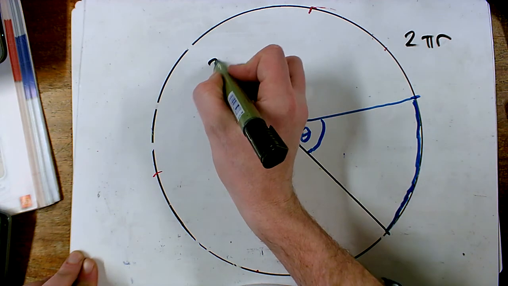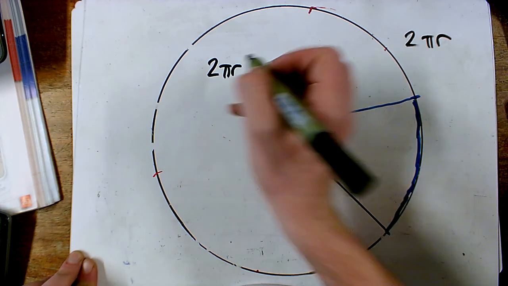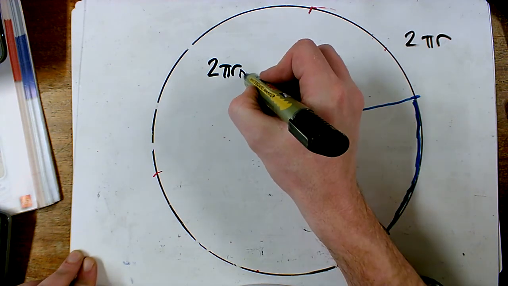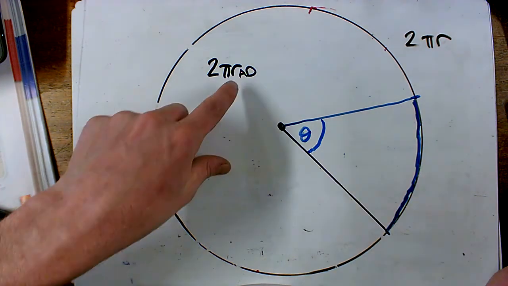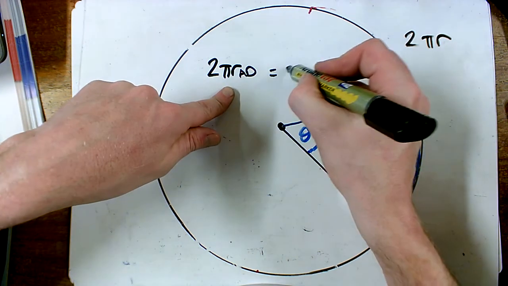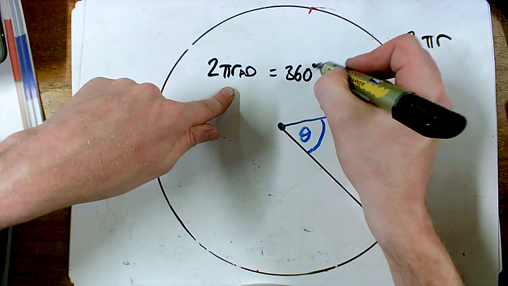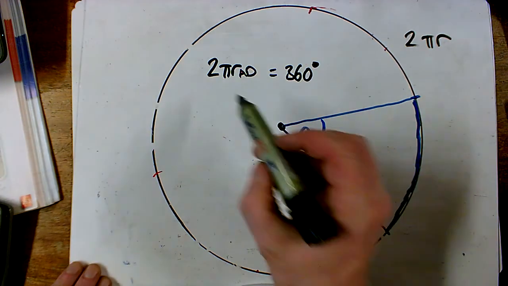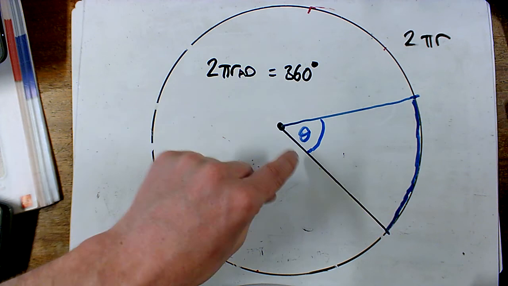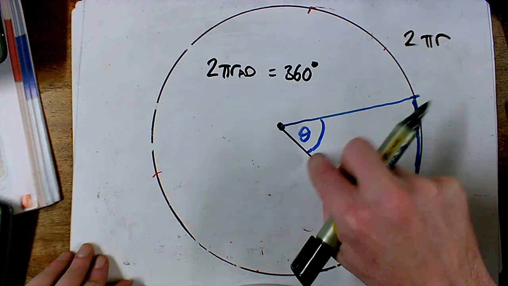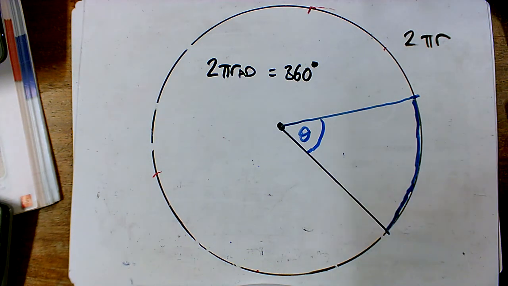So if there's 2 pi radians, okay, so we just say rads or radians, if there's 2 pi of them, well, they have to equal 360 degrees, because that's what we're used to doing. Aren't we doing angles in 360? So we know that 2 pi multiplied by a radian, the angle of a full radian, is going to equal 360.